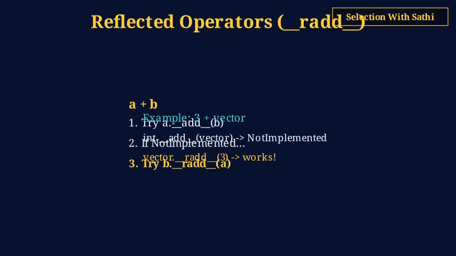For example, 3 plus vector can't work through int.__add__, so Python calls vector.__radd__(3) instead. Same pattern: __rsub__, __rmul__, __rtruediv__.